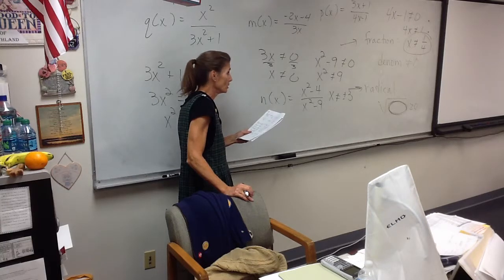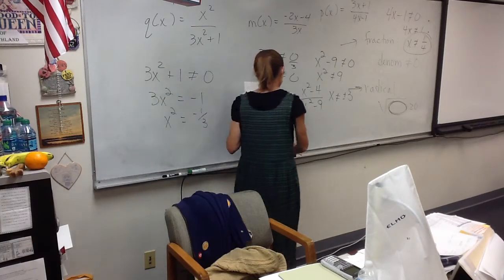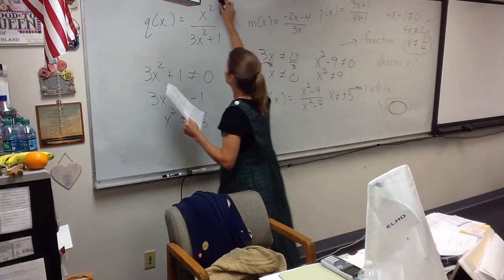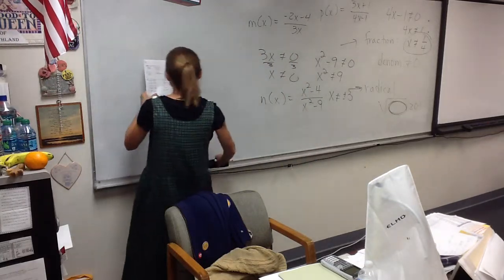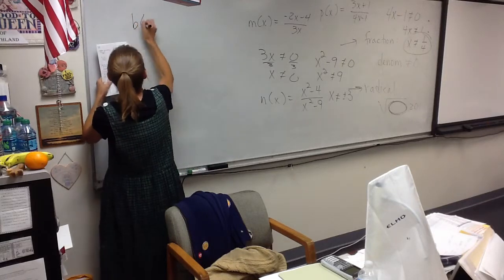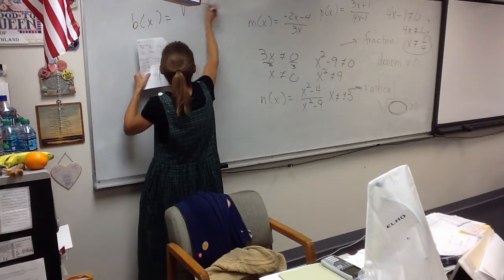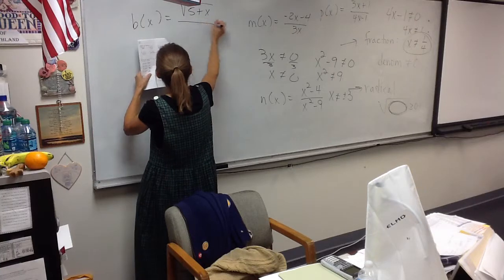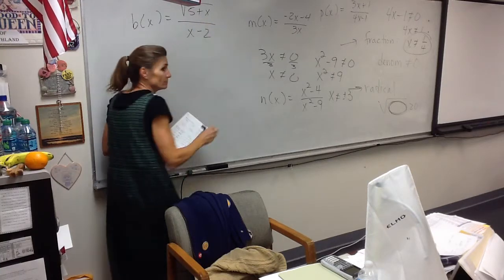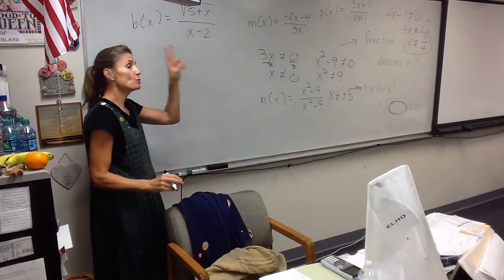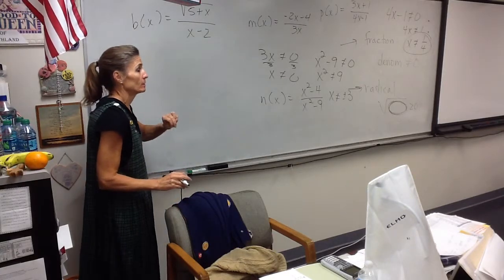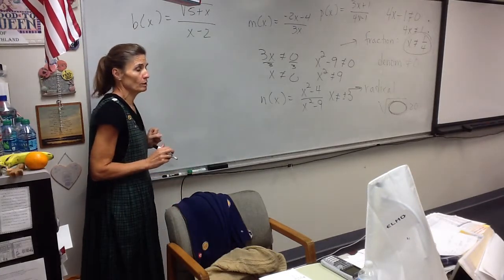Uh-oh. Look at H. Double trouble. Because H, I'm going to say avoid trouble, has a radical and a fraction. So you have two things to worry about. What's the radical rule?